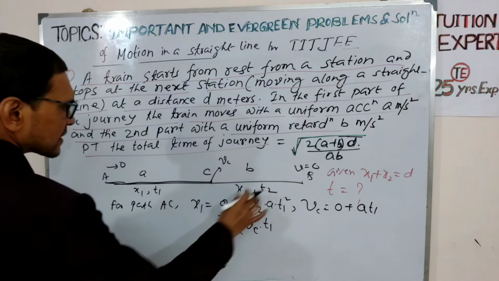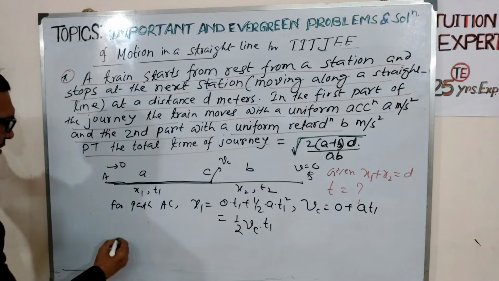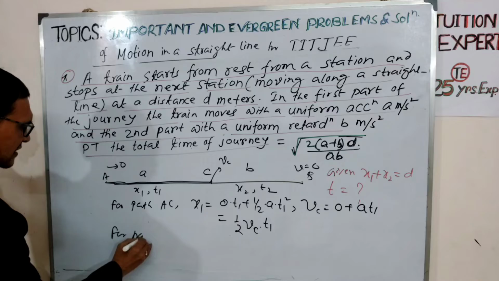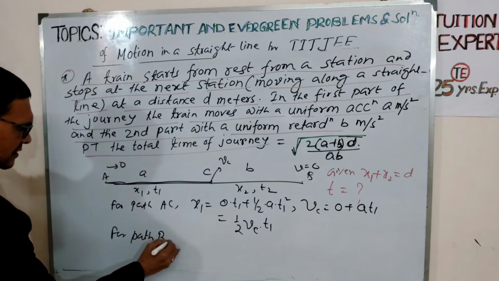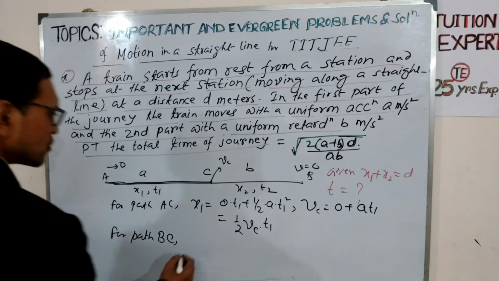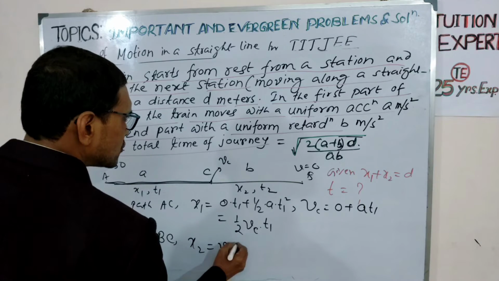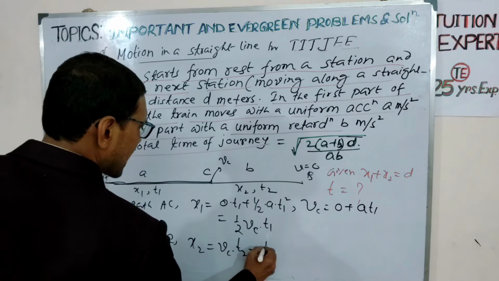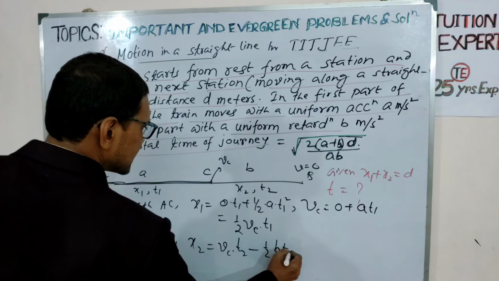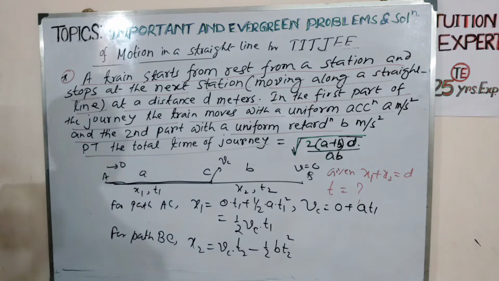And for path BC, x2 equals vc into t2 minus half b t2 square, because b is the retardation.